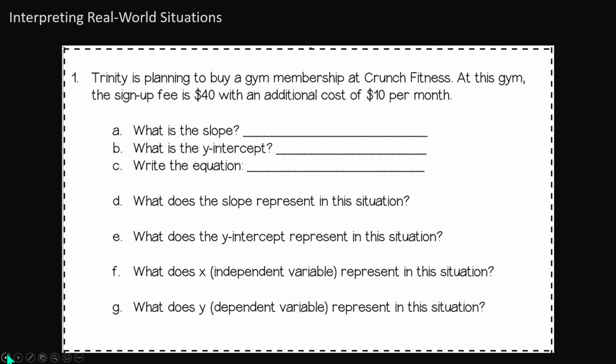So those are all ways that we represent y-intercept. So now let's take a look at some real world situations using those keywords we identified. So the first one says, Trinity is planning to buy a gym membership at Crunch Fitness. At this gym, the sign-up fee is $40 with an additional cost of $10 per month. So I'm going to go ahead and underline some of the keywords and obviously the quantities that I'm seeing here.